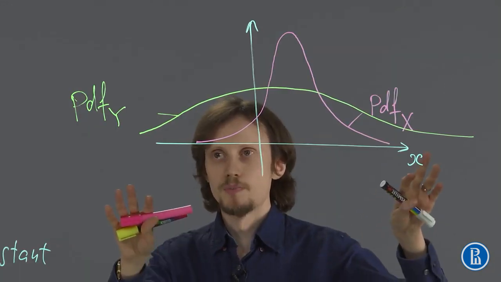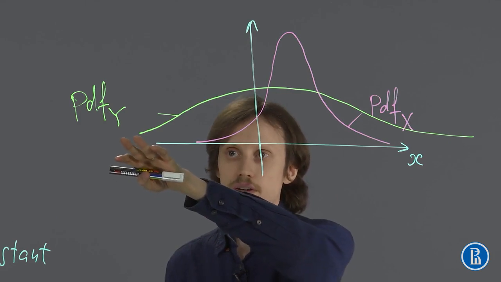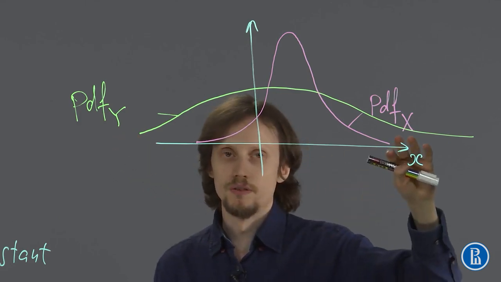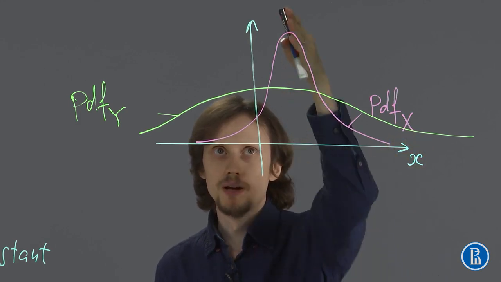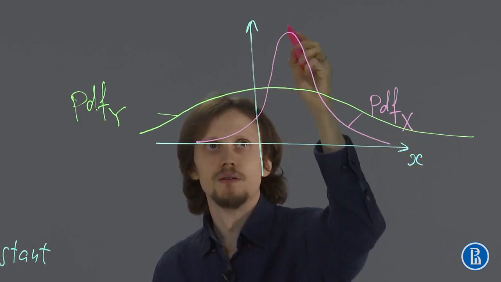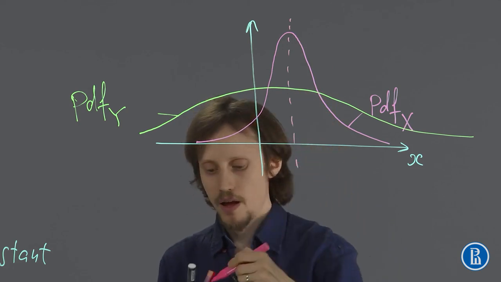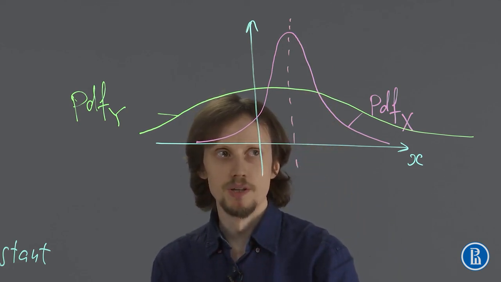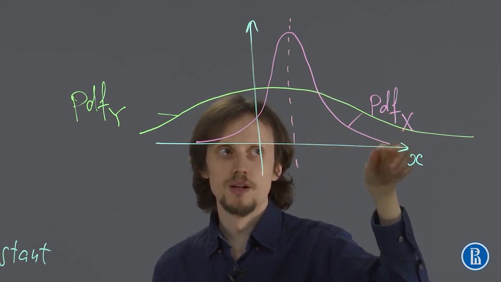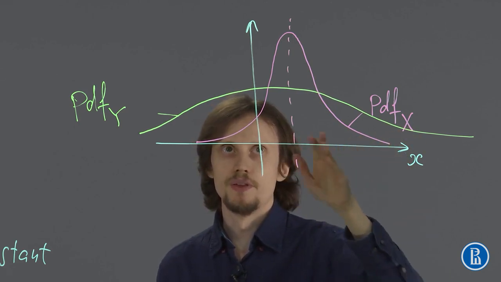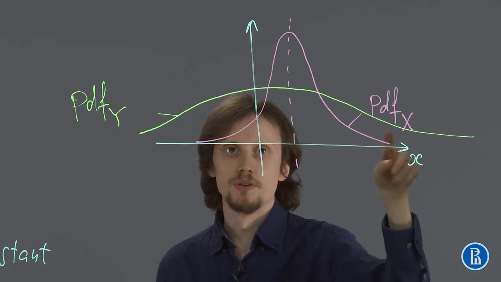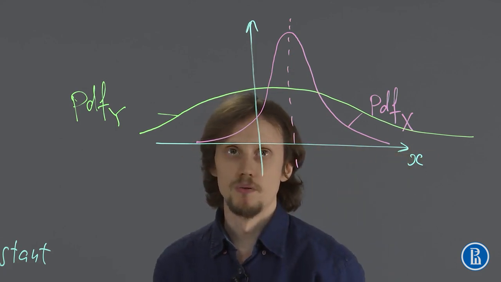We can reasonably expect that variance of Y is larger than variance of X, because for X, expected value is somewhere here, and the probability that we find value of X which is far from the expected value, for example here or here, is very small.